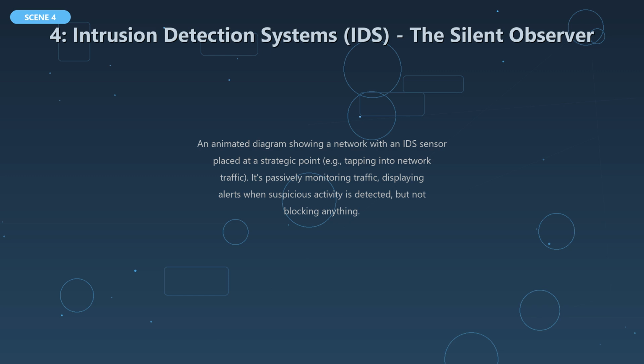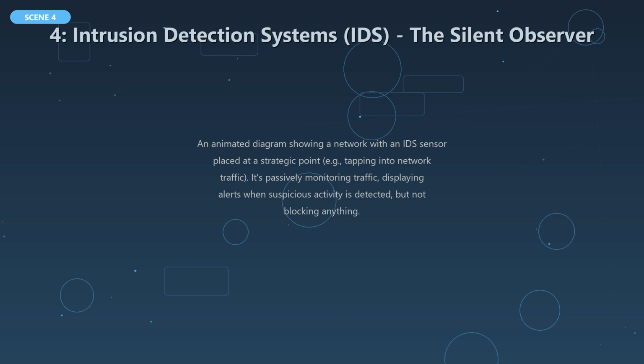An IDS doesn't interfere with the network traffic flow. It operates in a passive mode, meaning it observes a copy of the traffic. When it detects something it deems suspicious, it generates an alert. This alert can be sent to an administrator via email, an SMS, or appear on a security dashboard. The key takeaway here is detection and alerting, not prevention.